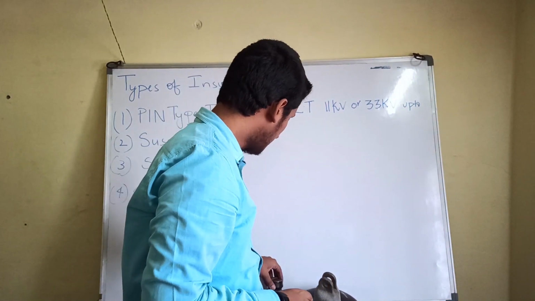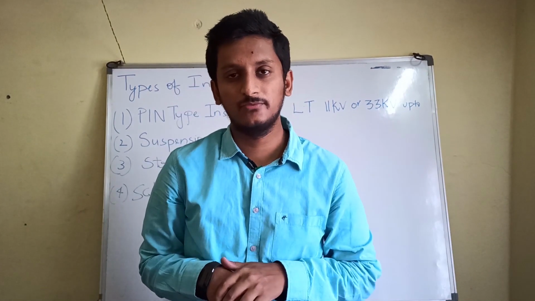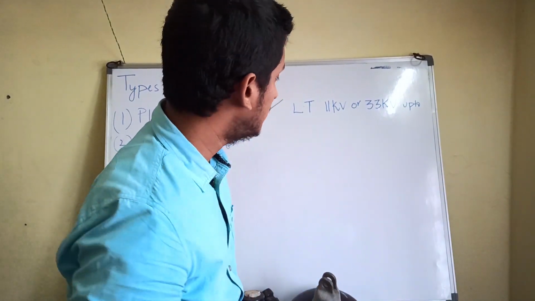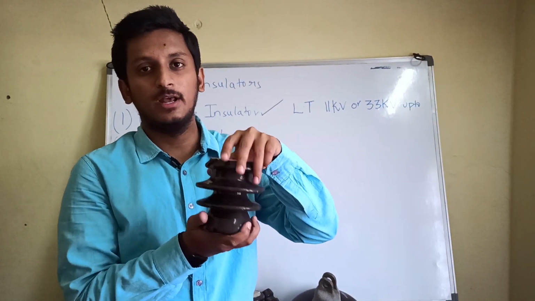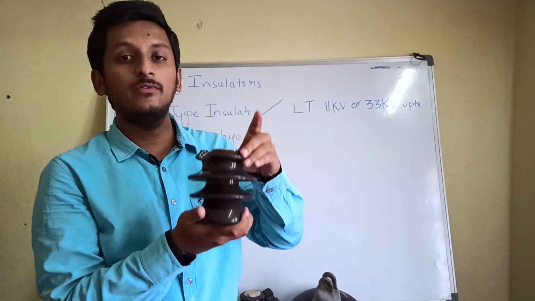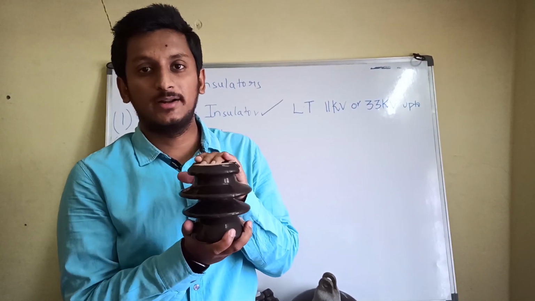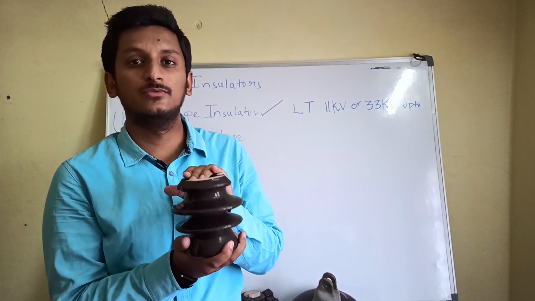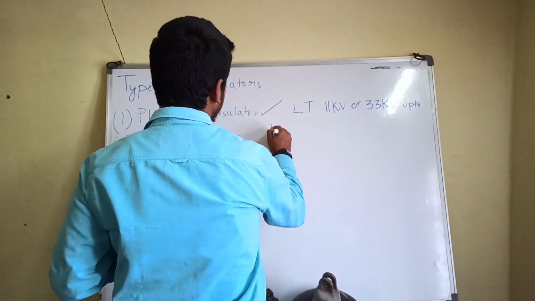Next, I have covered most of the points, but what I would like to say is, at the pin type insulator, what we have to see is there should be no flashover. Now, what do you mean by flashover?